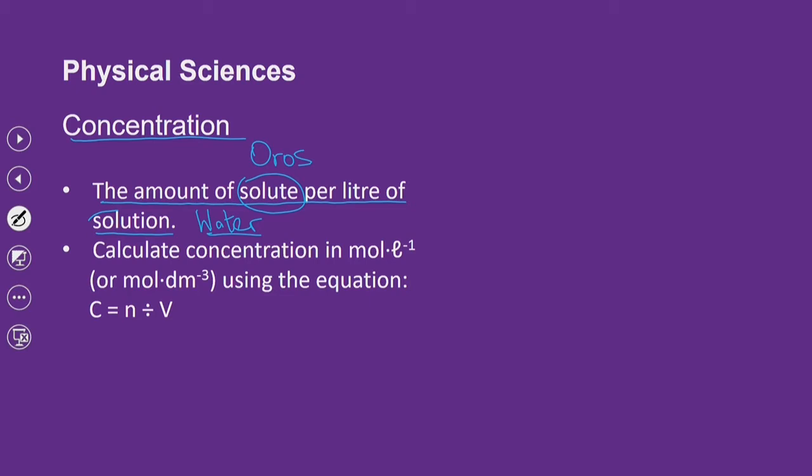So when we calculate concentration, we do that in mole per liter or mole per cubic decimeter. And we use the equation, the number of mole divided by volume. So C is equal to n divided by V.